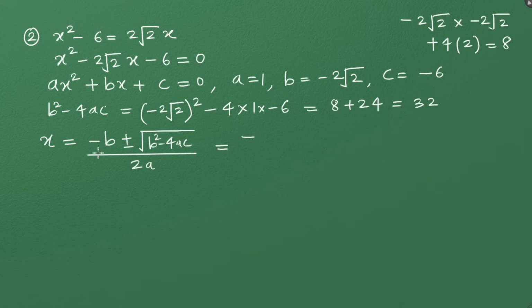Minus b is minus 2 times square root 2. b square minus 4ac we have already calculated. It is 32. Two times a is 1.